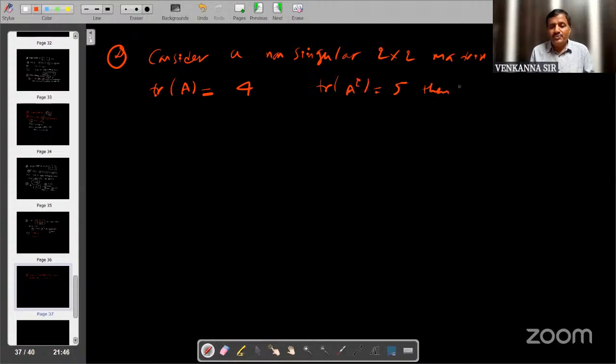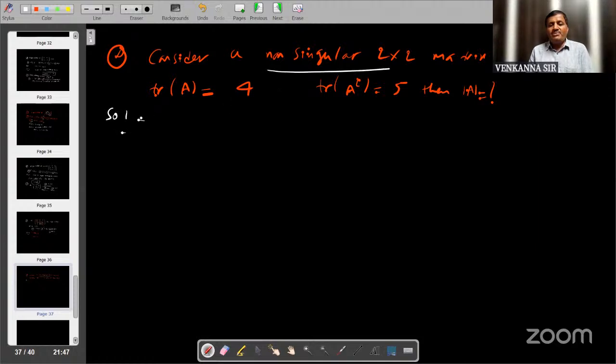Then what is the determinant of A? That is our question, a very interesting question. This type of question is also very important and interesting.